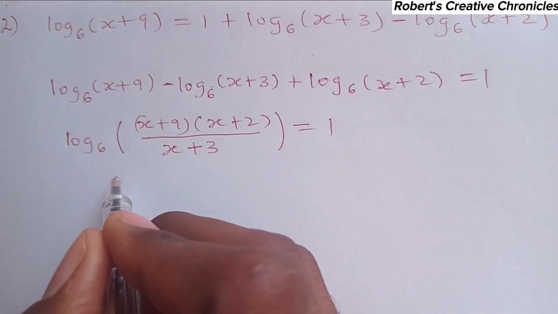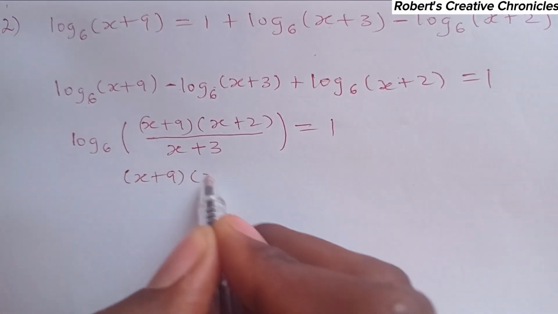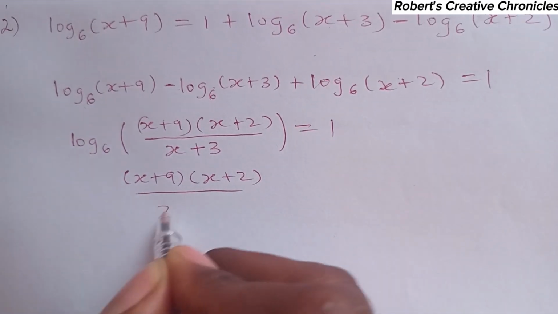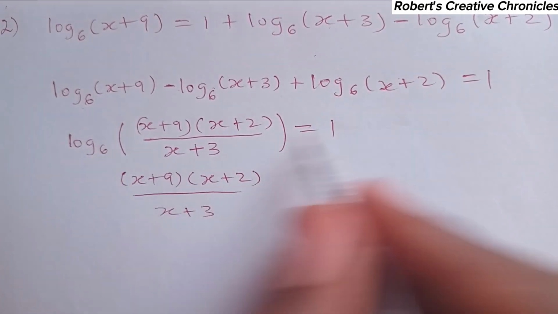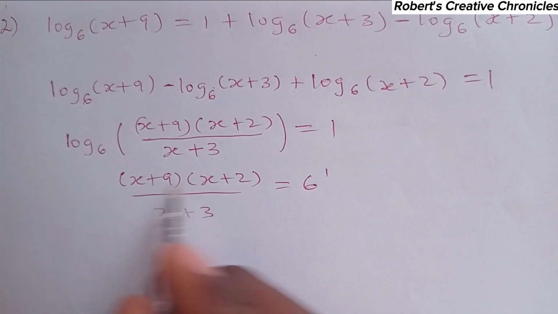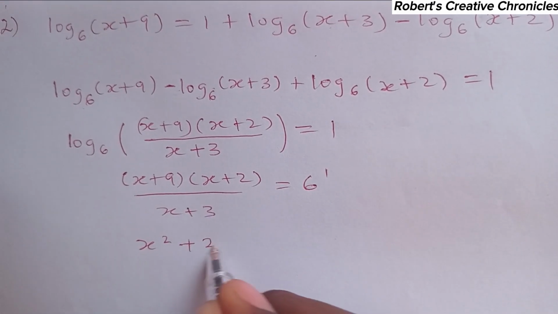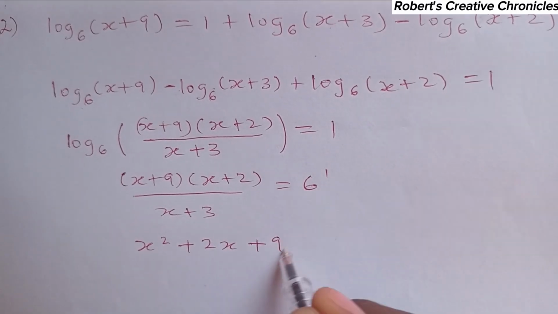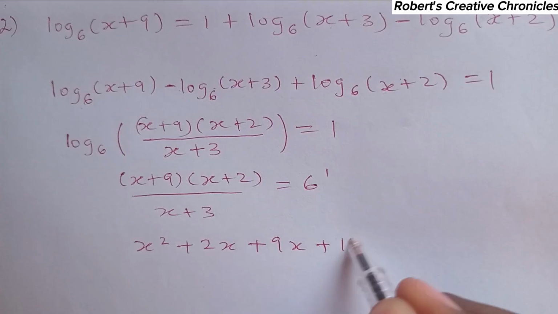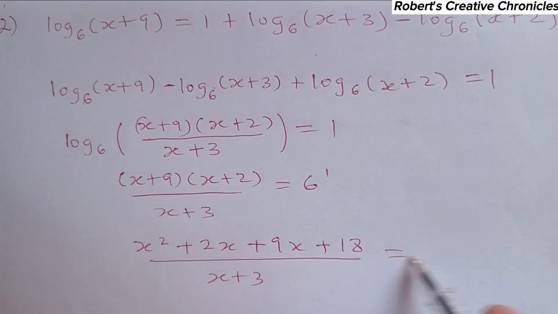Now we take this base here. It will become 6 raised to the power of 1, which is 6. Then we open this bracket. This becomes x squared plus 2x plus 9x plus 18 over x plus 3 equals 6.